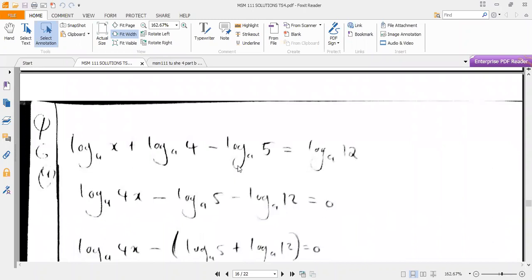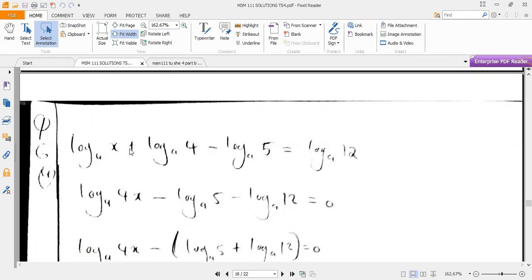Question 6 now. We've been told to solve the logarithmic equation. We've been given log base A of x plus log base A of 4 minus log base A of 5 is equal to log base A of 12. We have noticed that these two logs are adding. Using that principle, when two logs are adding and the bases are the same, we can multiply the arguments.